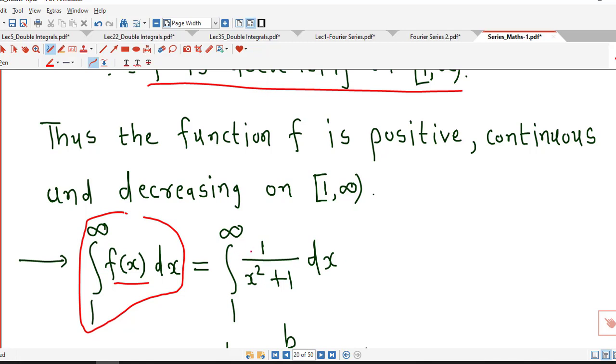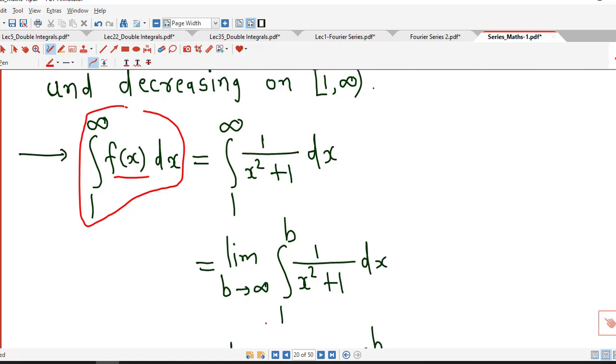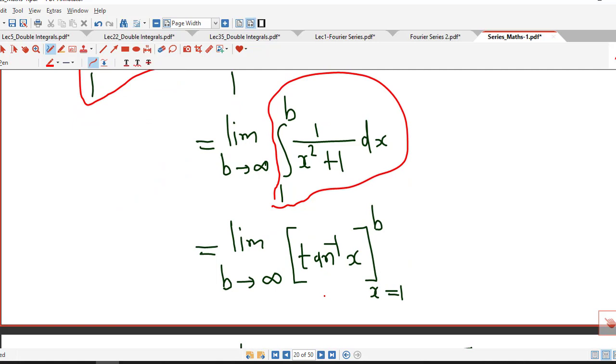Here this is an improper integral of the first type, so we replace the upper limit by b and we consider the limit as b tends to infinity. Now the integral of 1 over x squared plus 1 is tan inverse x, with x from 1 to b.